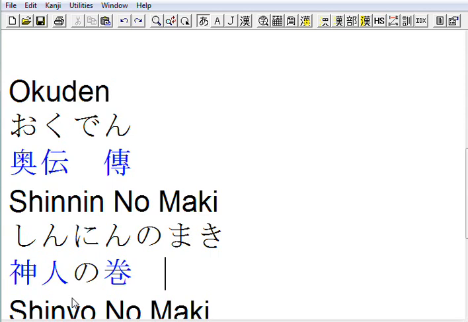It was Shin and then Nan, which means male person, man. Shinnan no Maki. And at some point, and I'm not certain at what year he did that, he changed it to the non-sex specific nin.